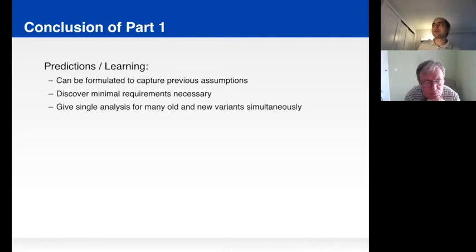So to conclude here a little bit, what was our starting point and what have we done? We said there's a line of work on predictions and learning, and we can find the right level of abstraction to have one formulation to capture all of these different variants.